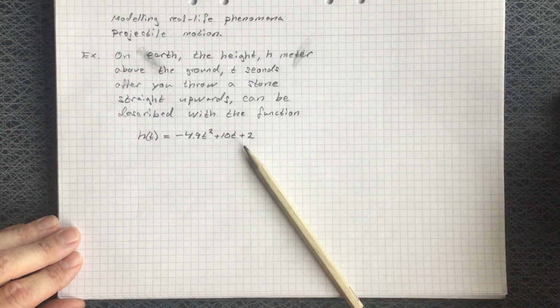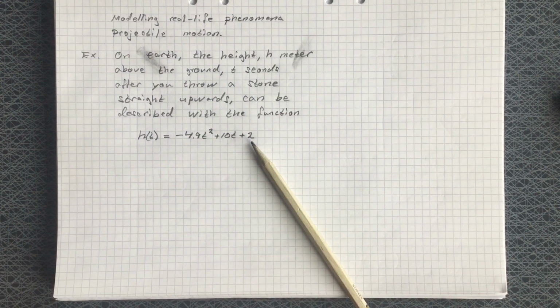And I will tell you that this constant 2, that is the height above the ground where the stone leaves my hand. 2 meters above the ground. I know that because when the stone leaves my hand, we start the clock.